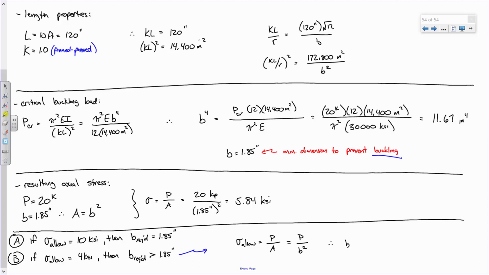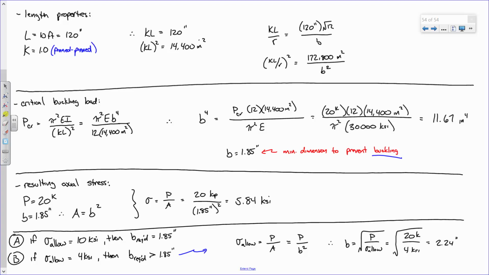So therefore, B is the square root of P over sigma allowable, which is 20 kips over 4 KSI. And what is that? What's the square root of 5? 2.2? 2.23, 2.24.